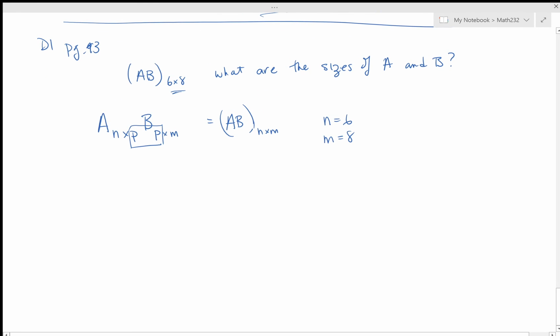That means that A is a 6 by P matrix, and B is a P by 8 matrix, and P is some positive integer.